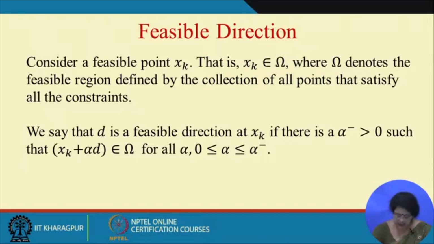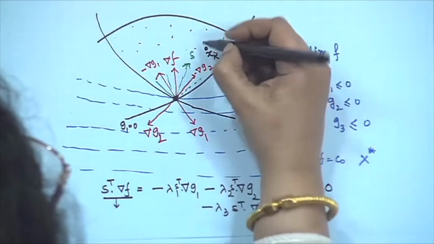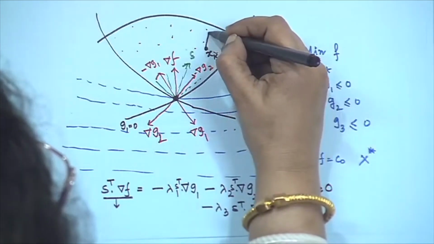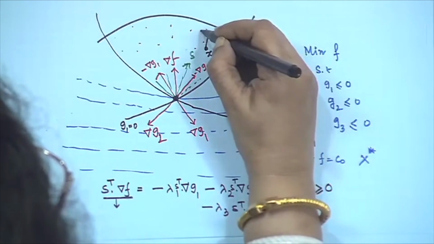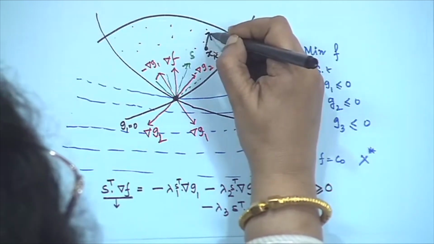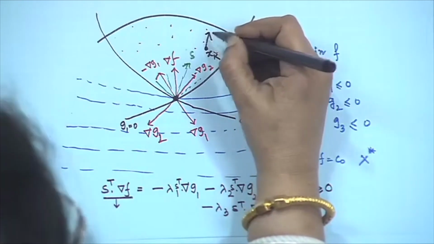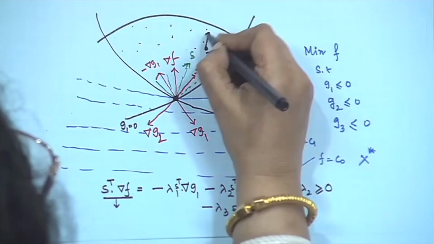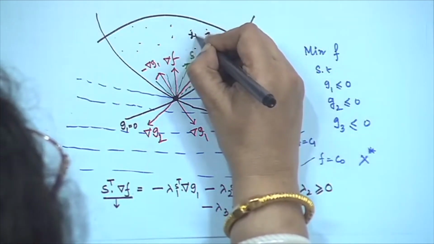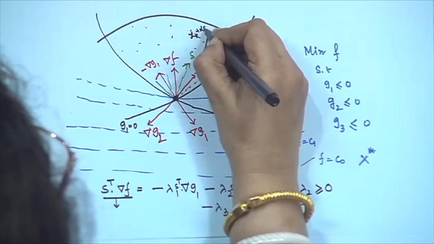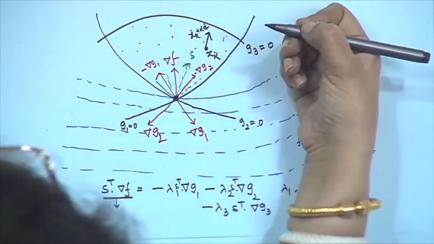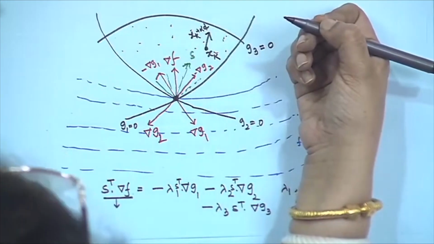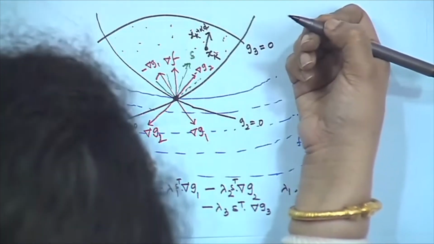That means from the figure, say this is my xk. Now, I am moving in this direction, say d, and how far will I move? I will move with the step length alpha. That is why I am moving from xk to xk plus alpha d, where alpha remains from 0 to alpha bar.